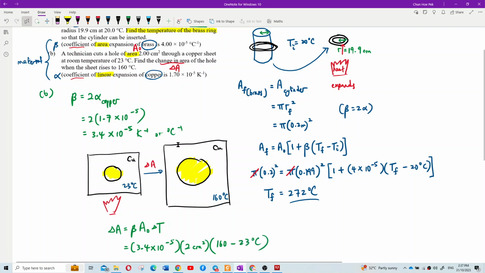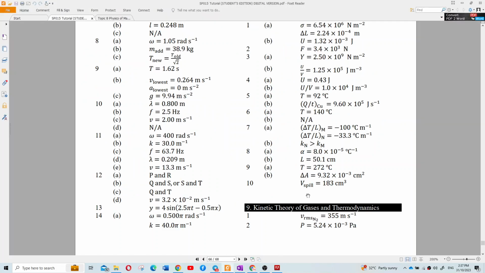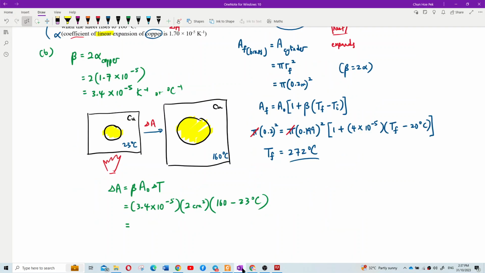So what do you get, class? The change of area. The answer, change of area, is 9.32 exponent -3 cm square. Also in cm square, I maintain it. The answer is 9.32 exponent -3.